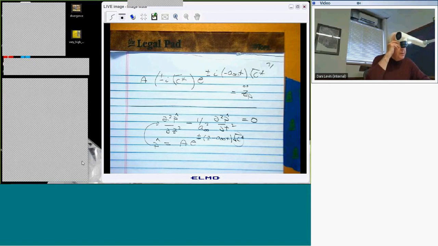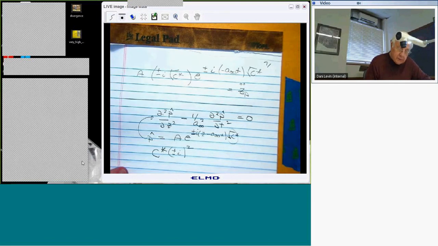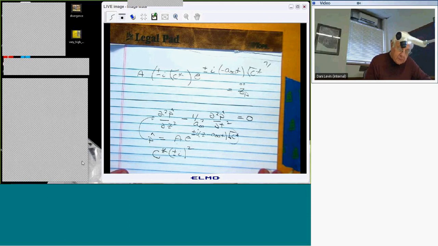There's an I here, right? So let's see. If we differentiate this with respect to Z twice, we're going to get C star, because the square root of C star squared. We'll have plus or minus I squared. And then we'll have minus 1 over A infinity squared.